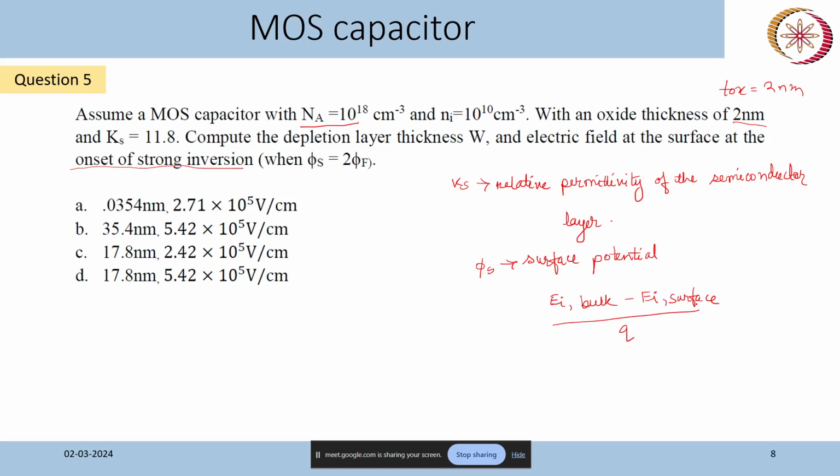Ei is the intrinsic level, and phi f here is the bulk potential. So we have to calculate the depletion width and the electric field at the surface when phi s is equal to 2 phi f.